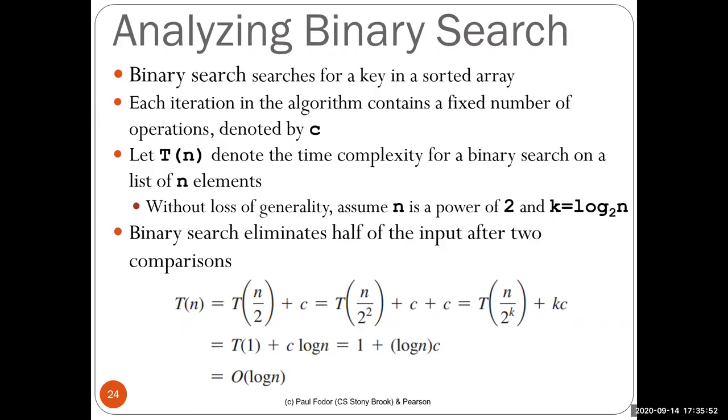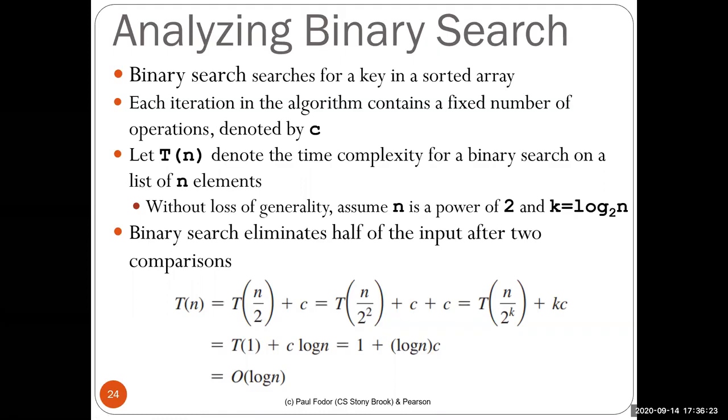So basically, T of n is T of n divided by 2 plus C. But now, this T of n divided by 2 can actually be computed in the same way. You search in half of the remaining array, which is n divided by 2 to the power 2, plus a constant time. And you add also the constant time for the last step.